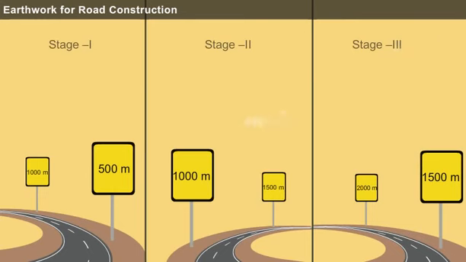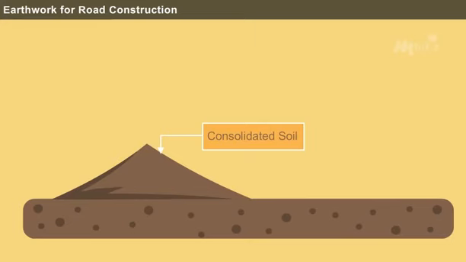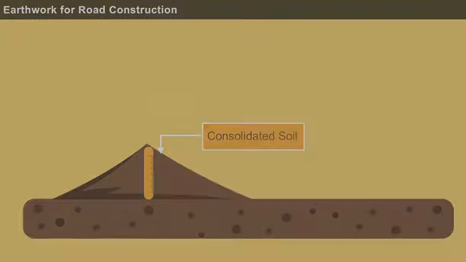Stage 3. 1500 meters to 2000 meters. When the lead exceeds 5 kilometers, the units are measured in 1 kilometer. In other cases, half kilometer is taken. The items of work include the loading and unloading of earth. In case of consolidated soil, it is necessary to rehandle the soil. Also, their heaps need separate measurements.